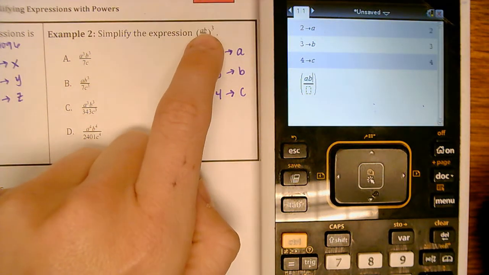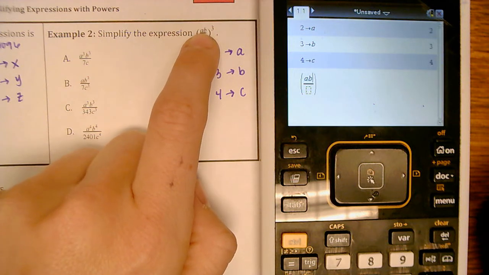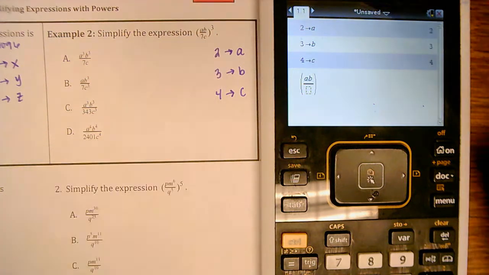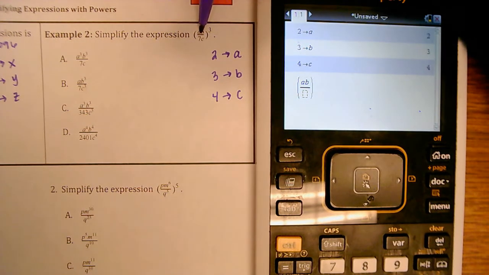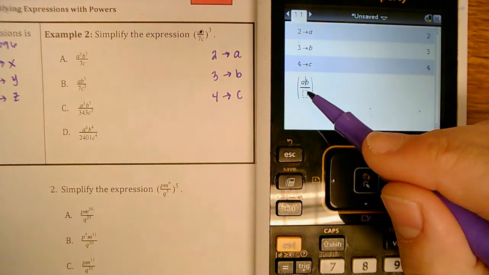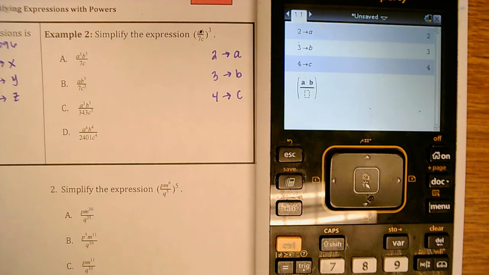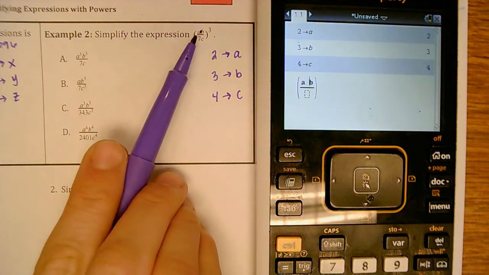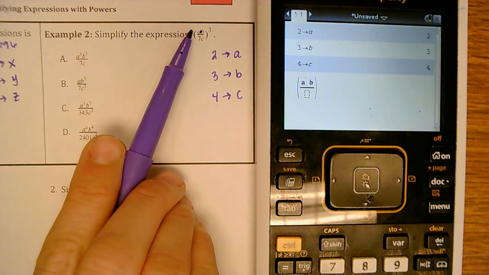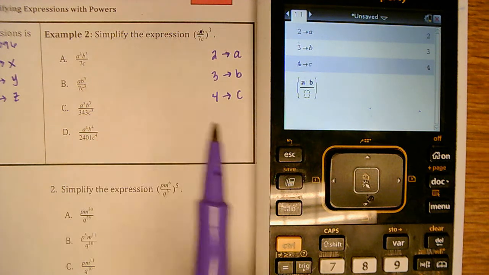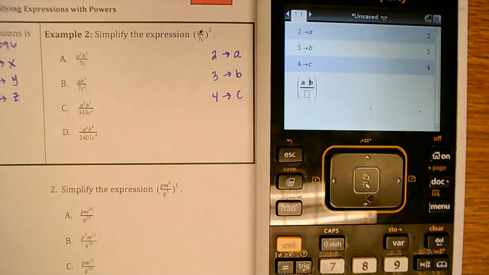If you have 2 letters right next to one another, so this is AB, which is also A times B, you just have to tell the calculator that A and B are being multiplied. Okay, so notice, as soon as I put multiplication there, they go to bold. That means the calculator recognizes them. So if 2 letters are right next to each other, just separate them by multiplication.